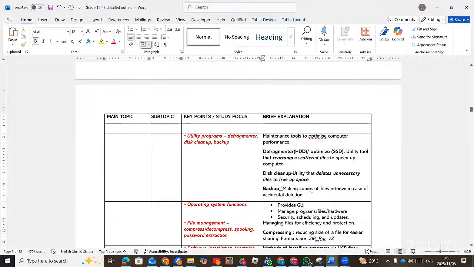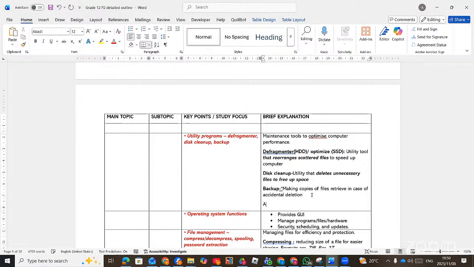And backup is making copies of files in case you accidentally delete them. So backup is temporary, but archive is long term. With the archive, you make a long-term backup or copies for history.